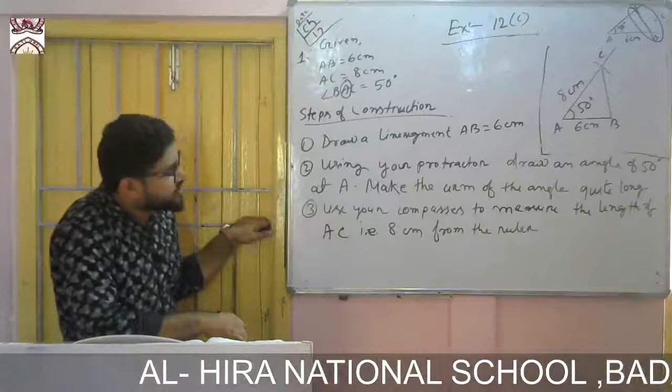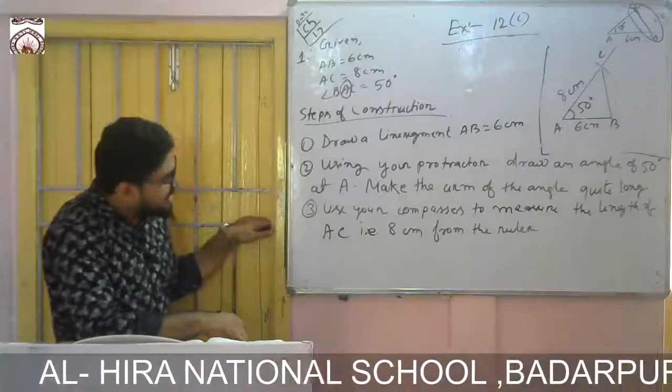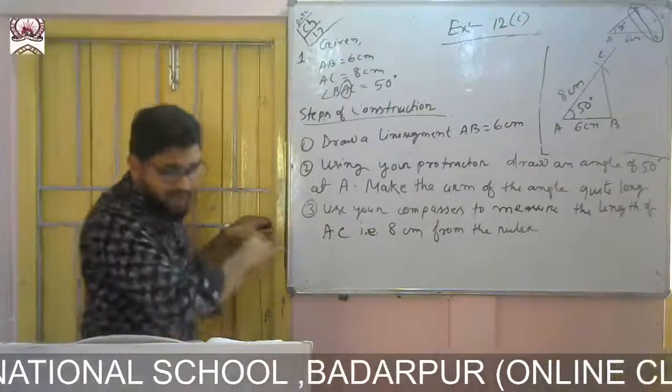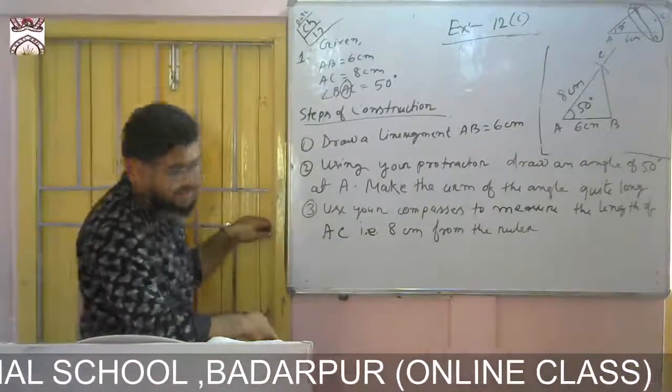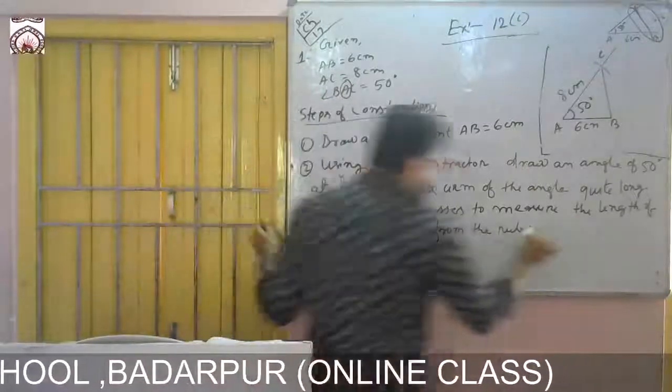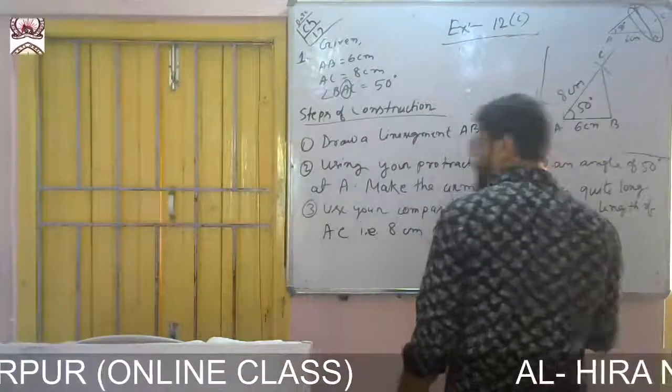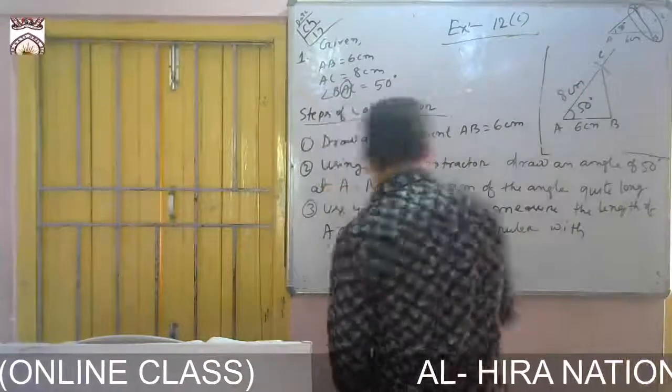Use your compasses to measure the length of AC, that is 8 centimeter from the ruler, and with the point of your compasses at A, with the ruler.